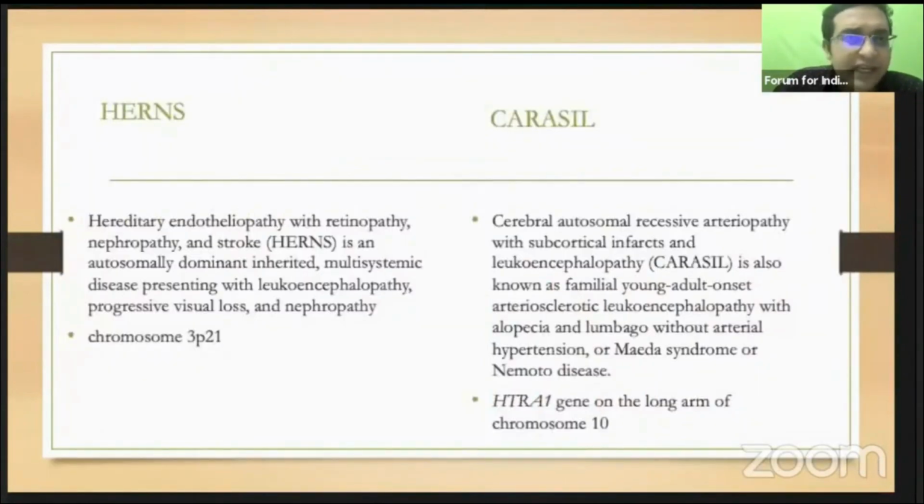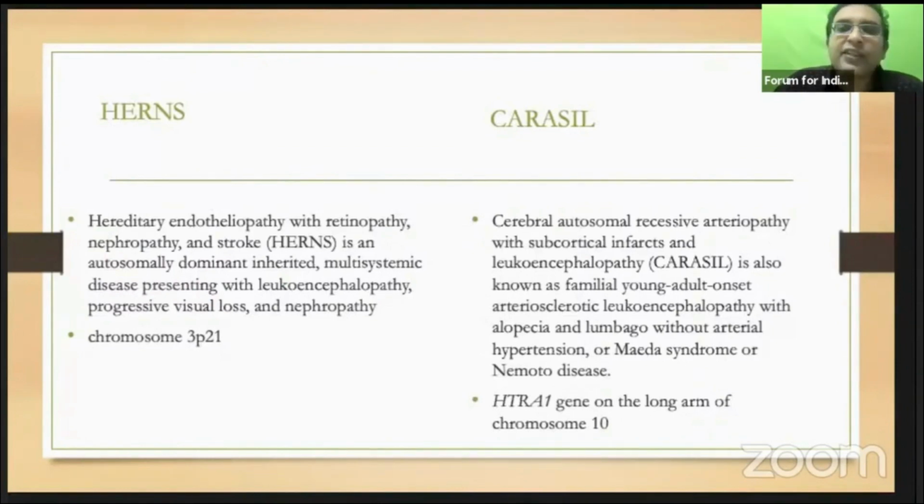HERNS has been described, and it is actually a syndrome of endotheliopathy, the endothelial vessels becoming affected, along with retinal involvement, brain involvement in the form of stroke, and kidney involvement. So eye, kidney, brain disease is involved. The affection is in these areas.